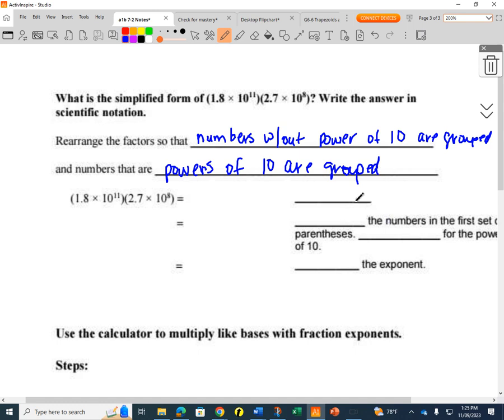So the first thing we're going to do here is rearrange. I'm going to take 1.8 and 2.7. Those are the numbers without the power of 10. I'm going to put those in a parentheses. Then I'm going to take the numbers that are a power of 10 and put those in the same parentheses.